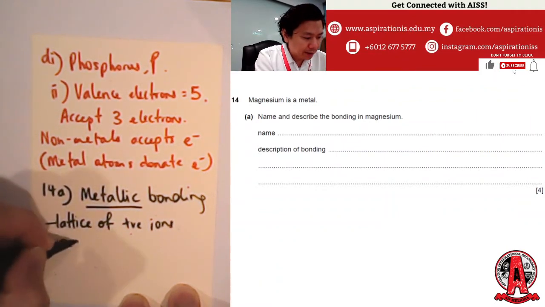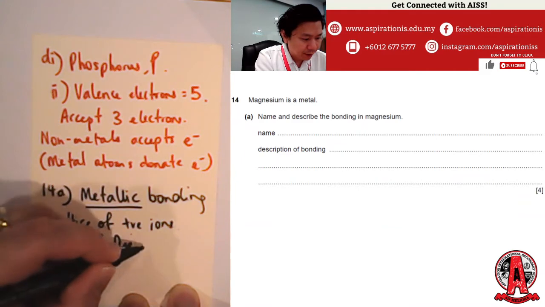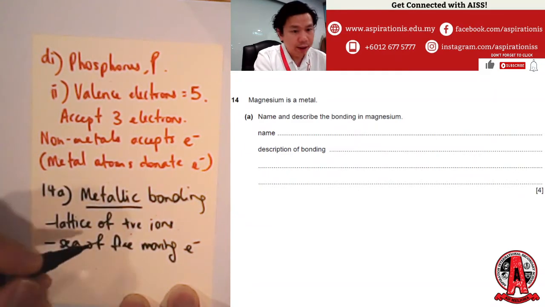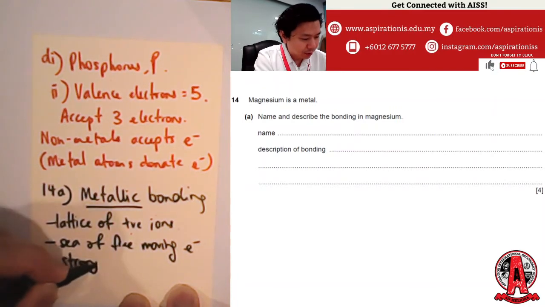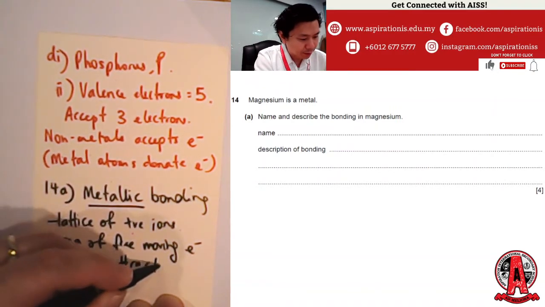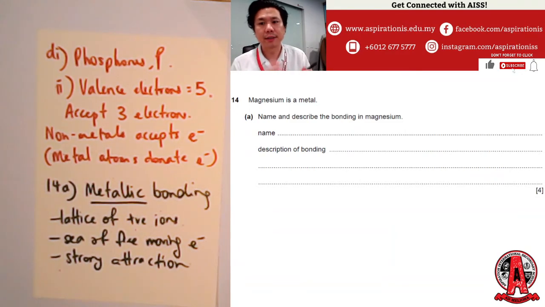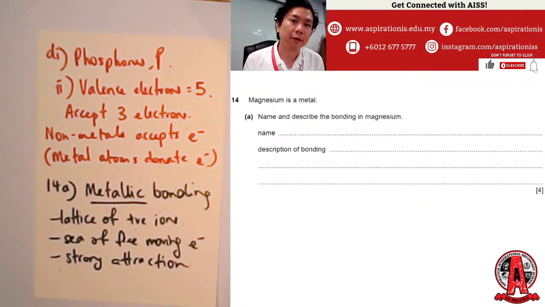You have a sea of free moving electrons, and there is strong attraction between the positive ions and the sea of free moving electrons. So this is how you get 4 marks for this question. Let me know if you have any questions.